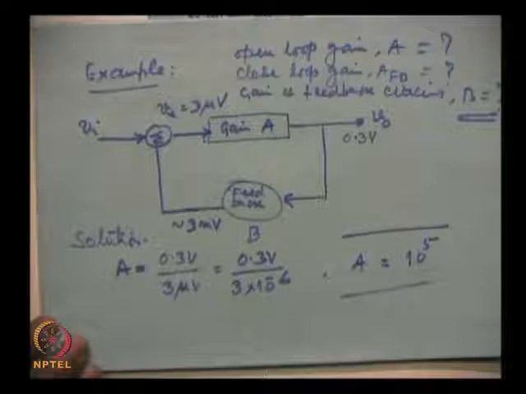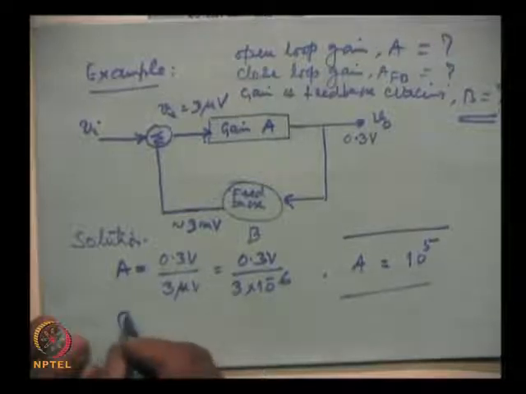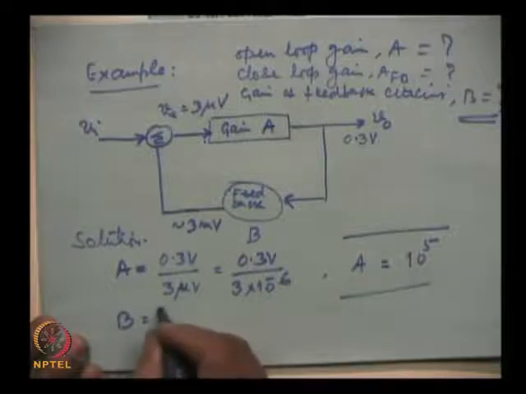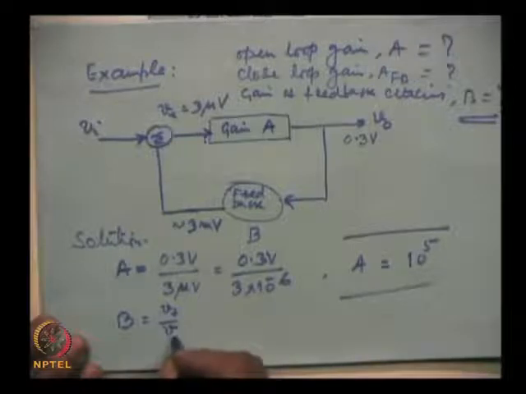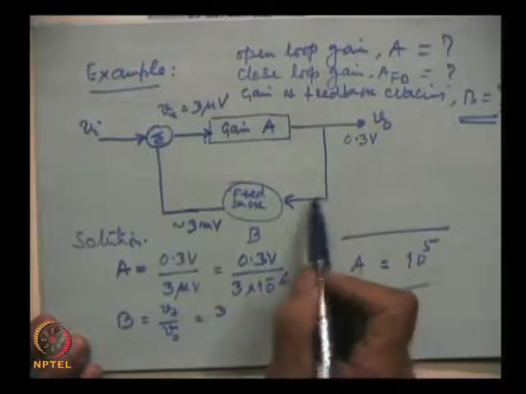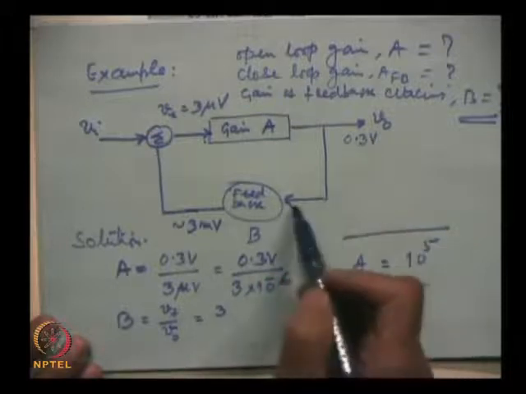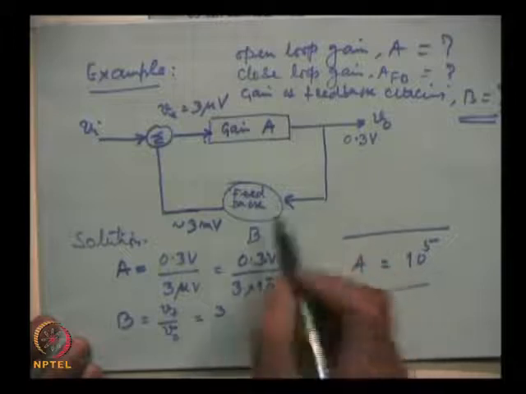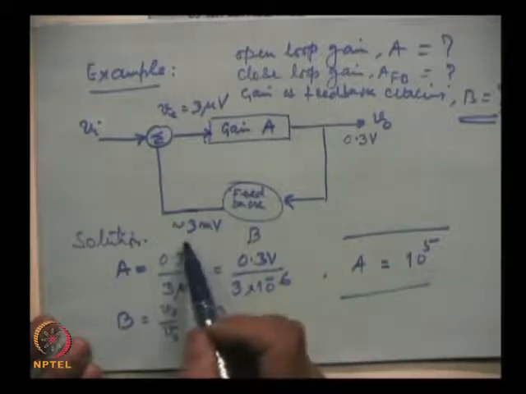And what is the factor B? That is the gain of the feedback circuit, also popularly known as the feedback factor. As we have been using all through, this is Vf by V0. The input to the feedback circuit is 0.3 volts, and the output coming is 3 millivolts.